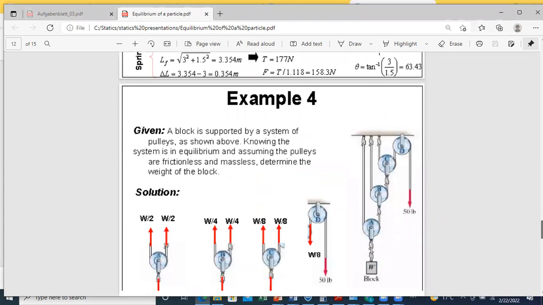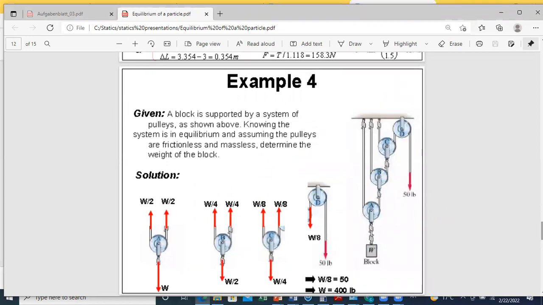Another problem with pulleys. You can encounter several systems, complex systems with pulleys. We have already considered pulleys in our study of dynamics, but here you have more complex systems of several pulleys involved.